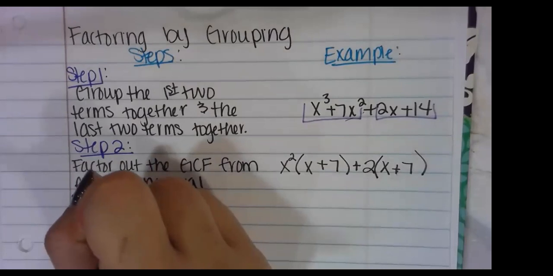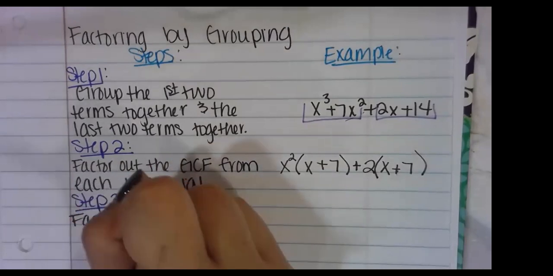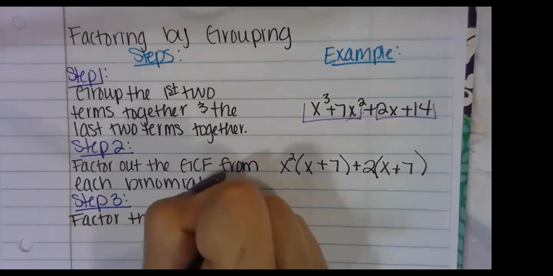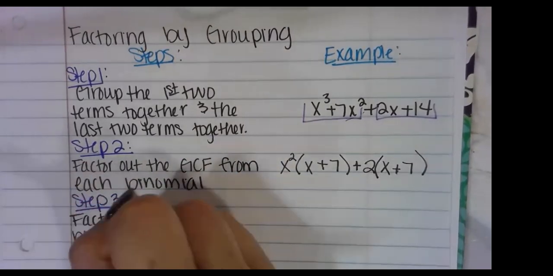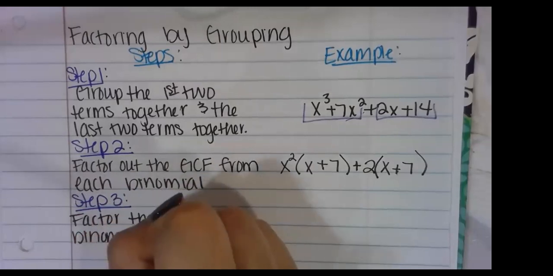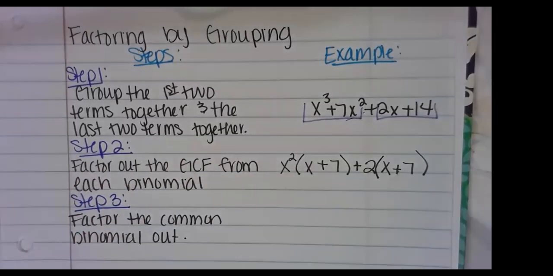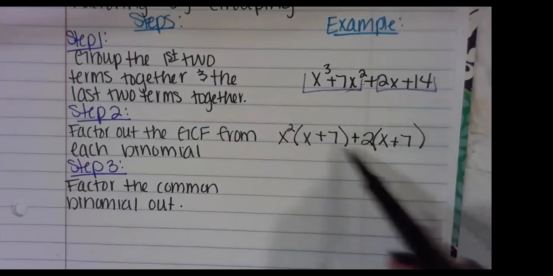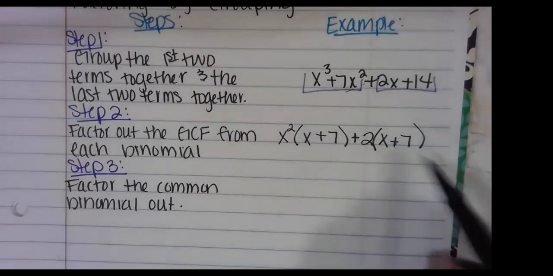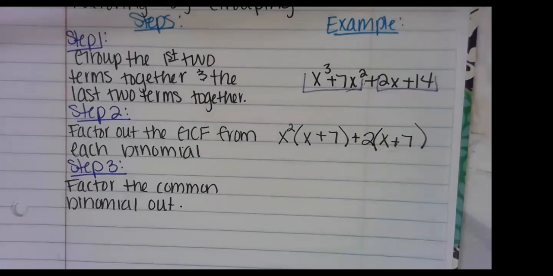Then you have to factor the common binomial out. All this means is that what you have in parentheses should match on both sides.